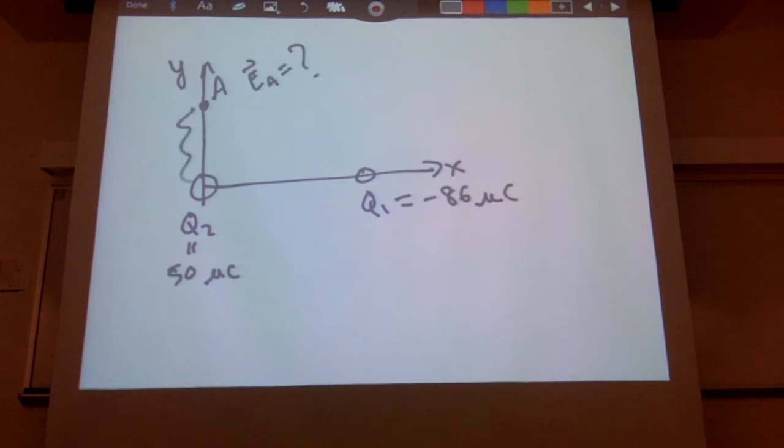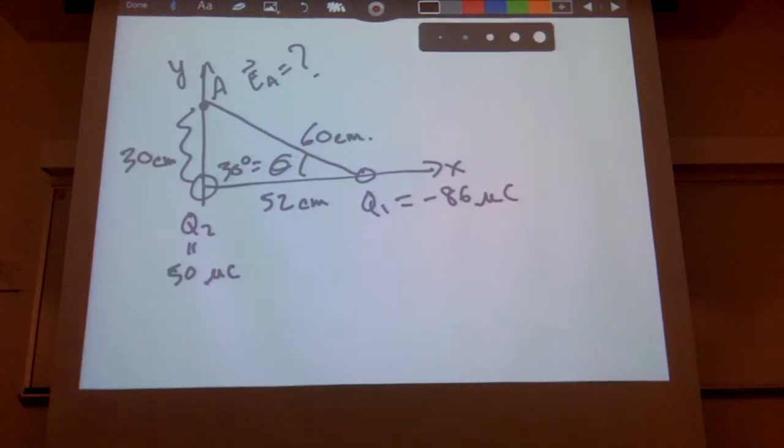This distance was 30. This distance was 52. This distance was 60. And this was the angle theta, which was equal to 30 degrees. Centimeters, centimeters, centimeters. So again, all I want to know then is what is the value of the electric field at point A, which is where Q3 used to be.